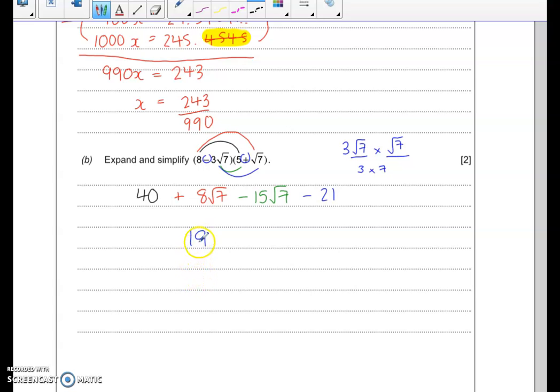And then the irrational parts, we've got plus 8 root 7, but we're taking away 15 root 7. 8 take away 15 is minus 7, so minus 7 root 7. Sometimes you're asked to state whether that's rational or irrational, and because we've still got this root part hanging around, that's irrational. Okay, next question.